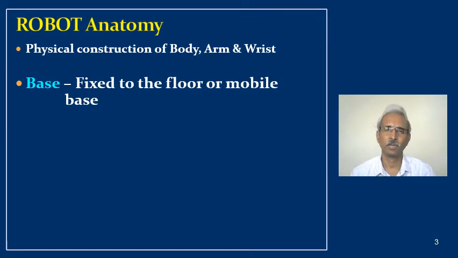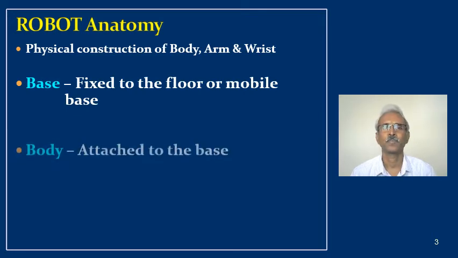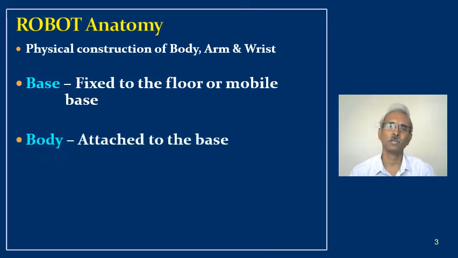Of course, I told in the introduction that in the earlier definition of robo mostly robots were stationary, but later on we developed a mobile robo also. So when I say a base, it could be either fixed or it could have a mobile base. Here I would request you to assume the base as the hip portion or waist portion of your body.